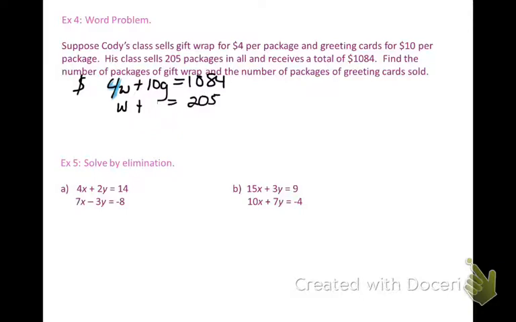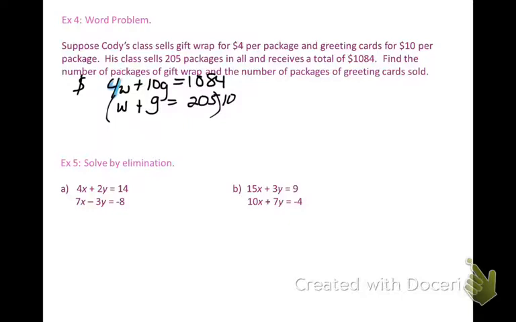Now, this one, I have it where I can choose. Do I want to get rid of the W or the G? Now, the easiest number to multiply by on the bottom is 10. 10 is so easy to multiply by because you just add a 0 to everything. So I'm going to multiply this whole bottom by 10.